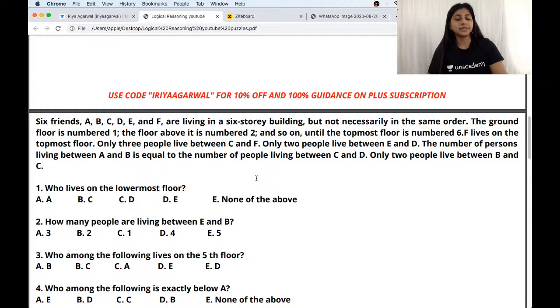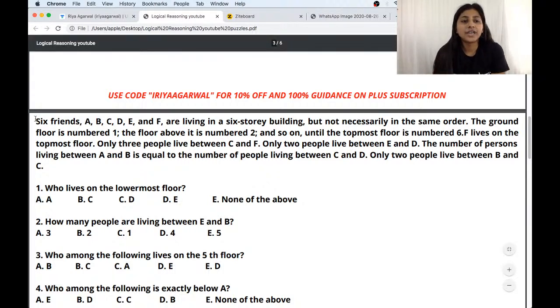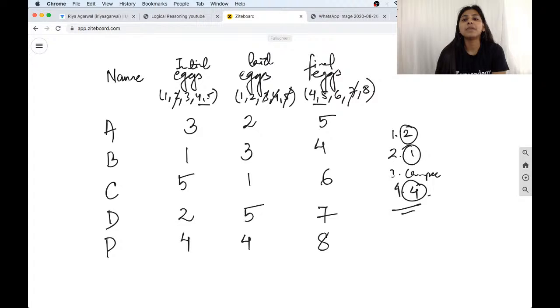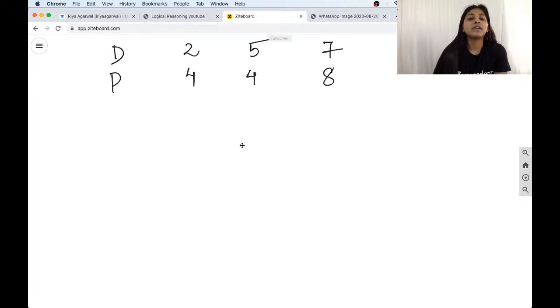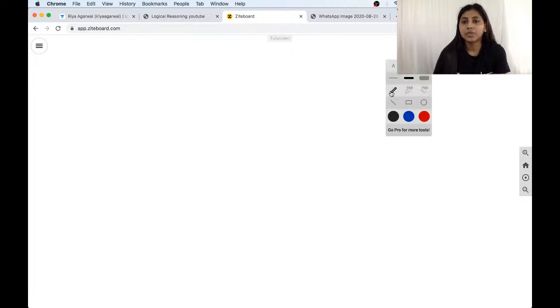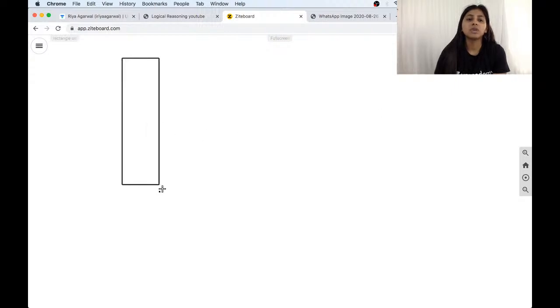So what do we get? 6 friends A, B, C, D, E, F are living in a 6-story building. As soon as I read that, I should go and make a 6-story building on my paper. Okay, a 6-story building on my paper.